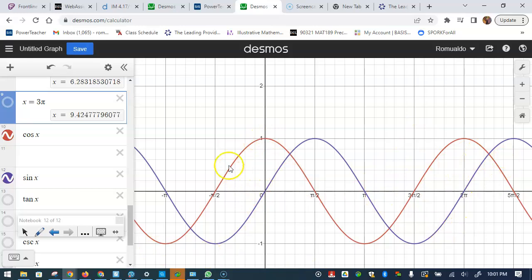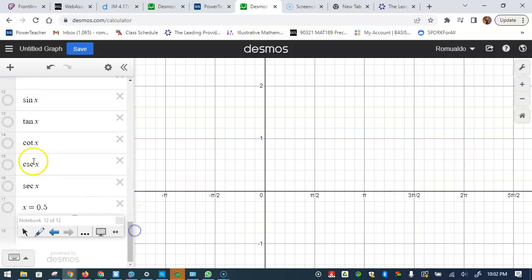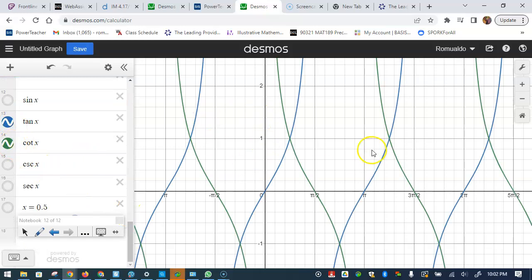The domain is every real number, but the range is from -1 to +1. Then let me take the tangent and the cotangent. They have an infinite range, and the domain depends on the situation. And so they look alike.